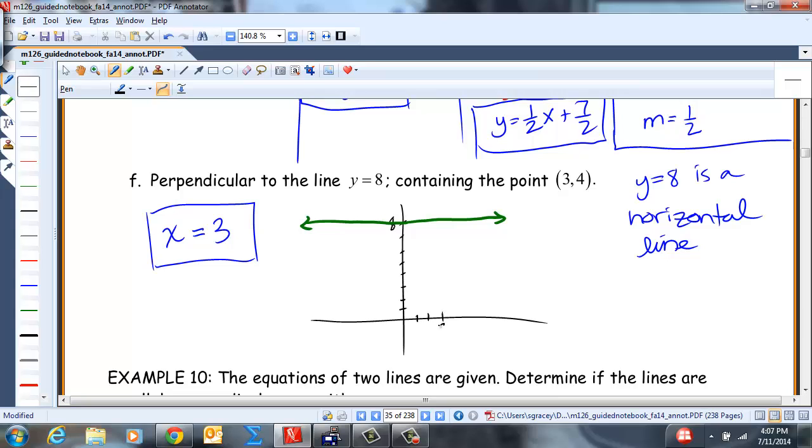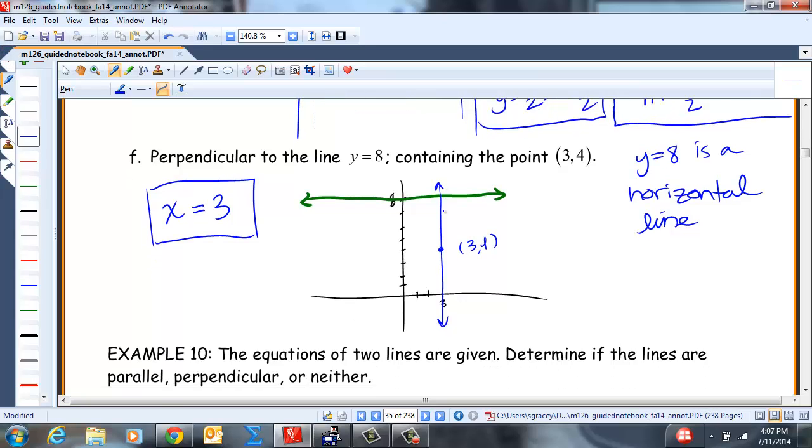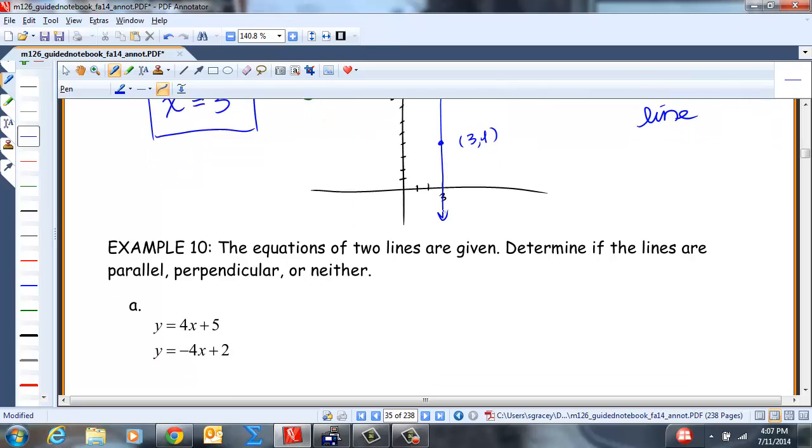So 3, 4 is here. We need to make a line that is at right angles to this line. And so it's this vertical line when x is 3. Great. Okay, moving right along.